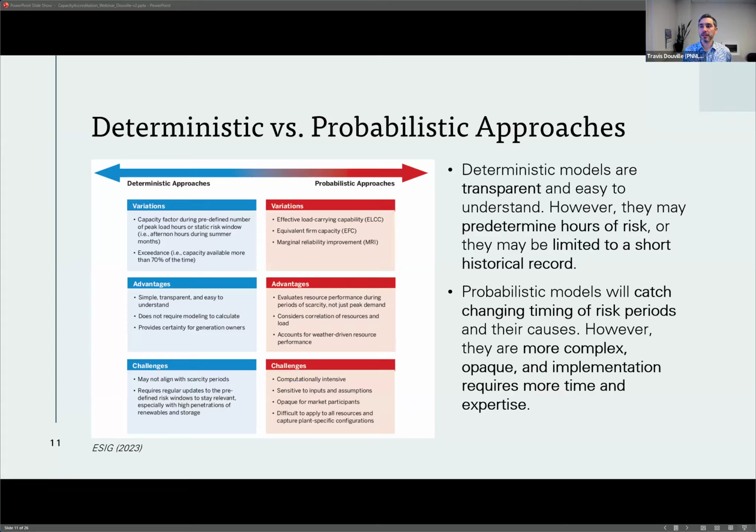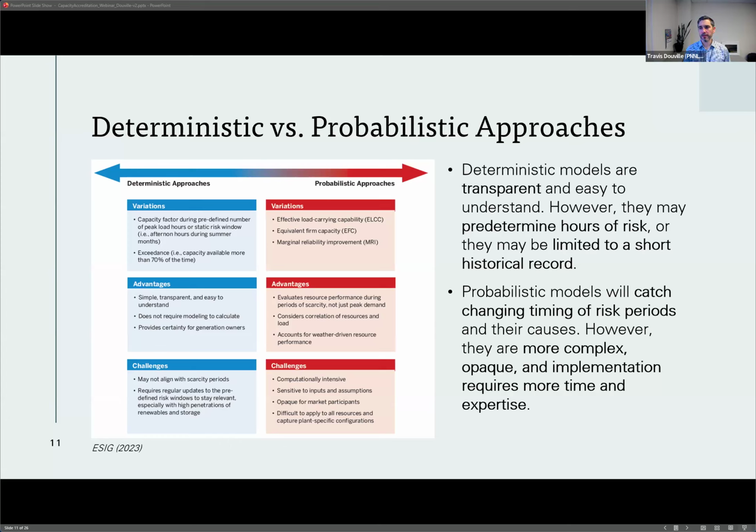They also may be limited in terms of what's available on the historical record. Often, resource adequacy, or RA, I'll say, studies are limited to the historical record, and purely deterministic approaches may be particularly constrained in this way. If there aren't enough years to draw a robust conclusion on what the future may hold, it may be difficult to draw actionable insights from deterministic modeling alone.